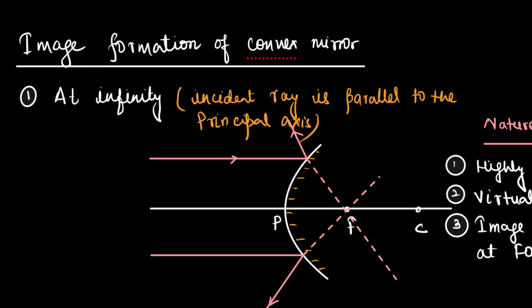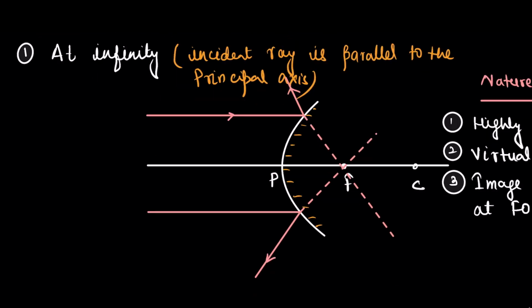Let's move to the second position, where object is between infinity and pole.